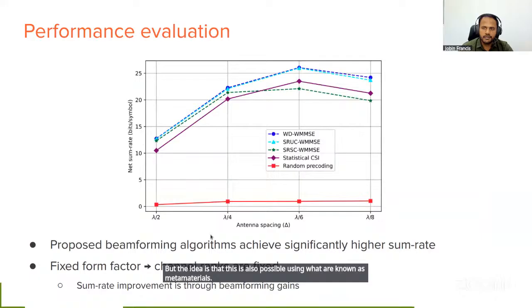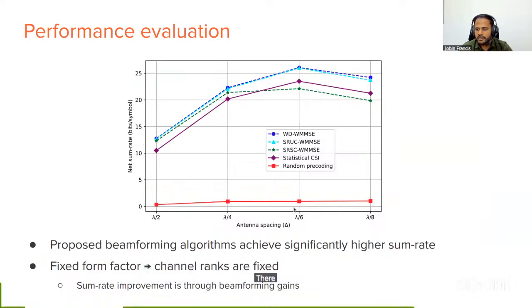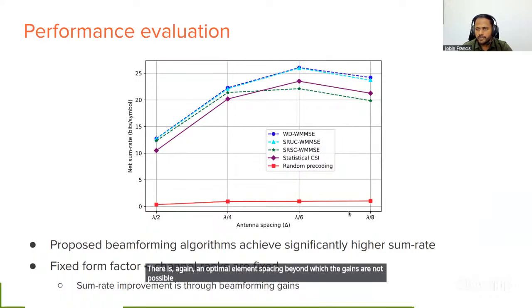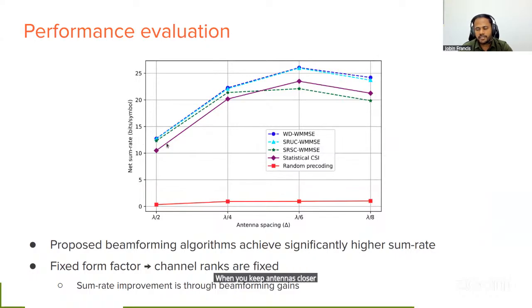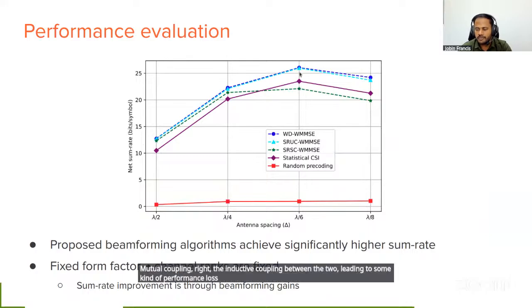Now, one of the studies that we have carried out shows that there is again an optimal element spacing beyond which gains are not possible. The reason is mutual coupling. When you keep antennas closer to each other, they start to have mutual coupling, the inductive coupling between the two, leading to some kind of performance loss. As you keep them closer and closer, these coupling effects start dominating, and therefore your throughput starts going down.